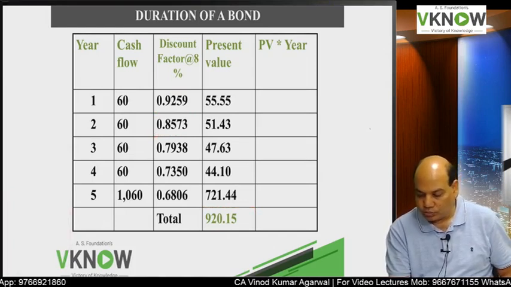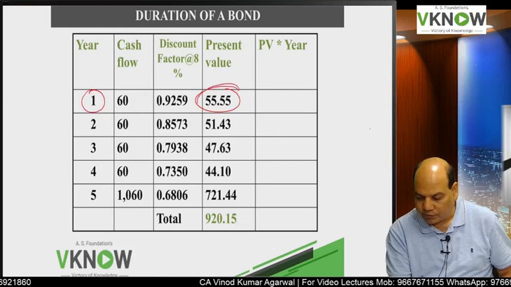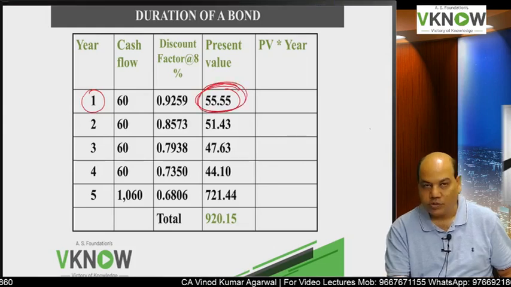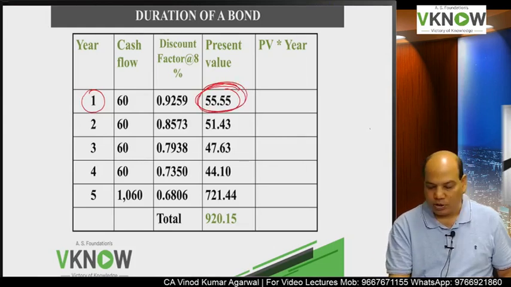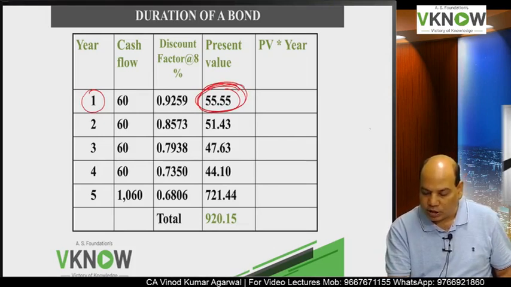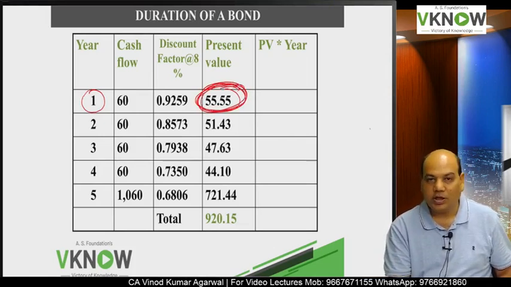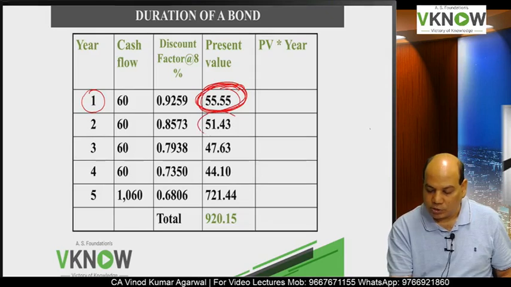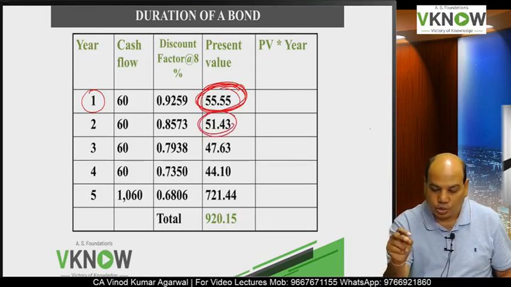Now what you do, you multiply year and present value. Present values are being used as weights, that so much cash flow has been recovered in year 1 itself, so much cash flow has been recovered in year 2 itself.